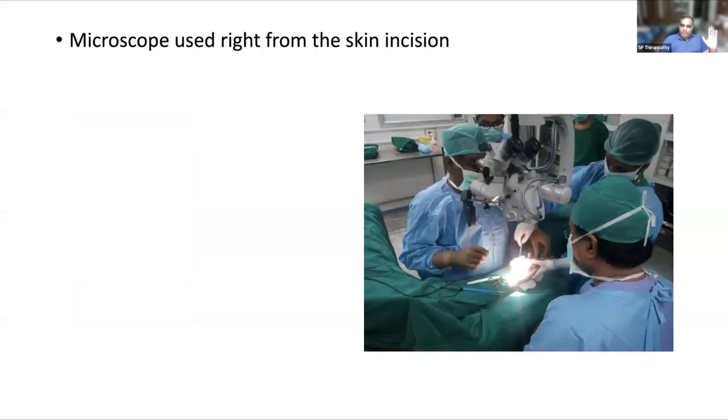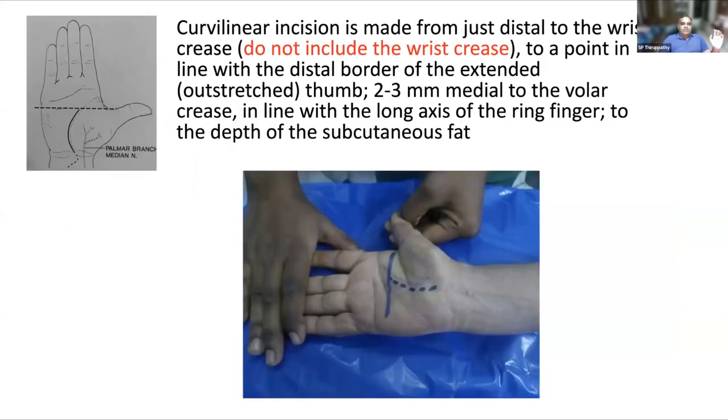The microscope is used right from the skin incision. A curvilinear incision is made just distal to the wrist crease. What I prefer is never to cross the wrist crease.